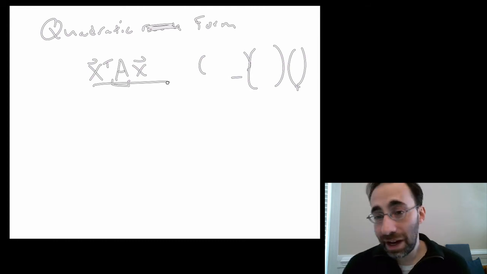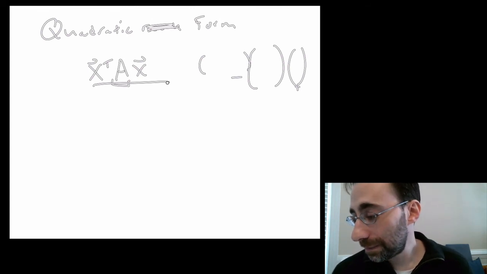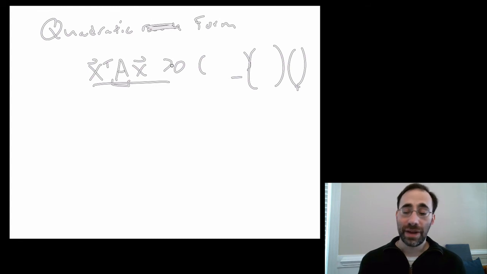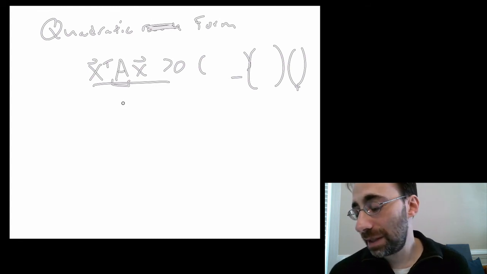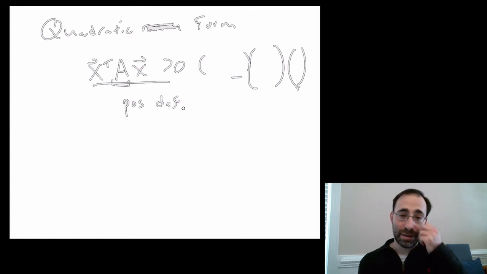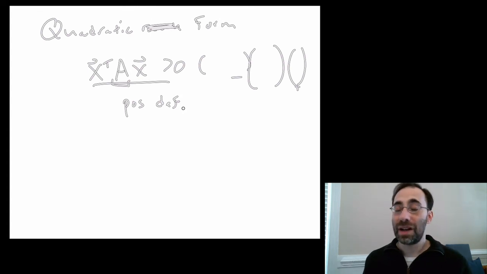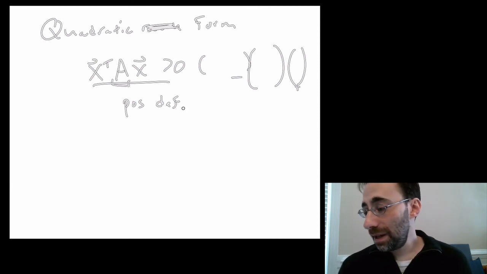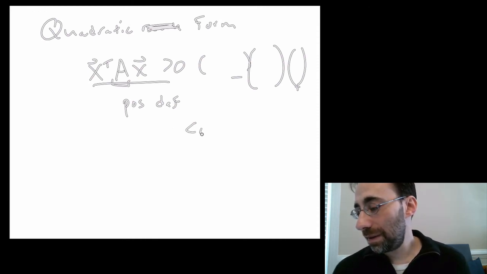The reason we care about this is if this thing ends up being greater than 0 for all values of x, we say the matrix A is positive definite. This can come up when we do optimization in more than one dimension, in the last part of this class. If it's less than 0, it's negative definite.